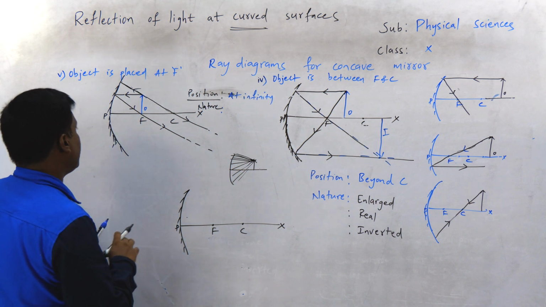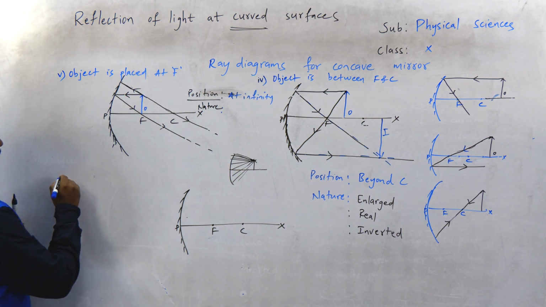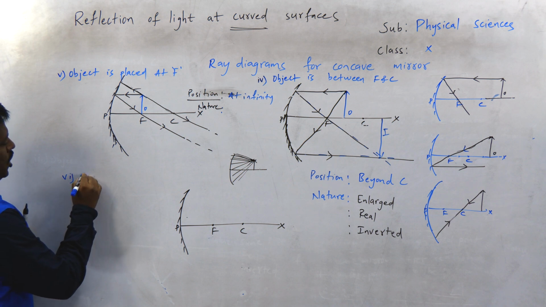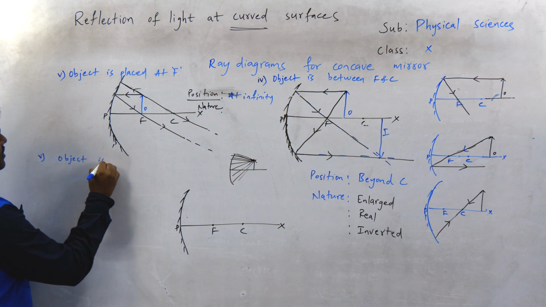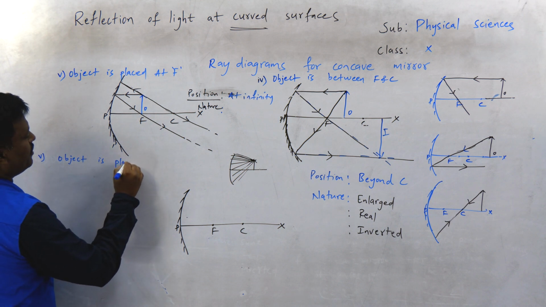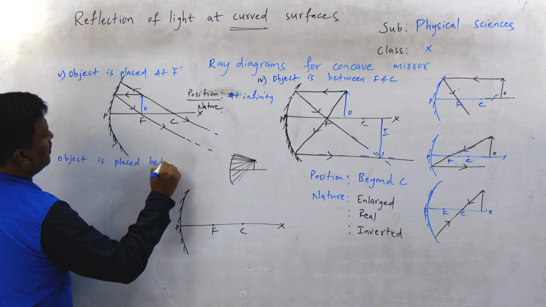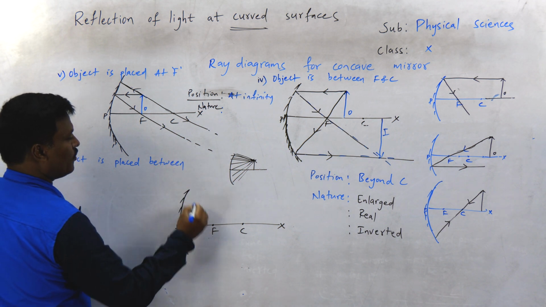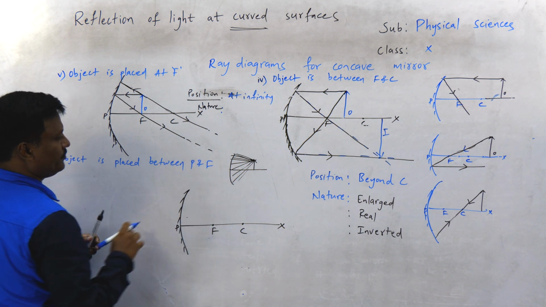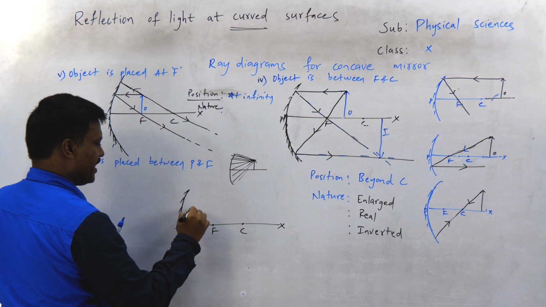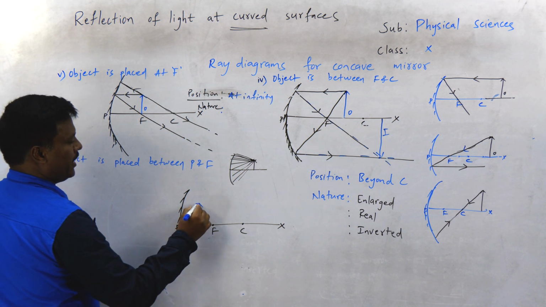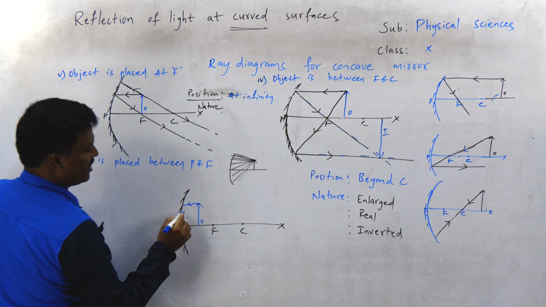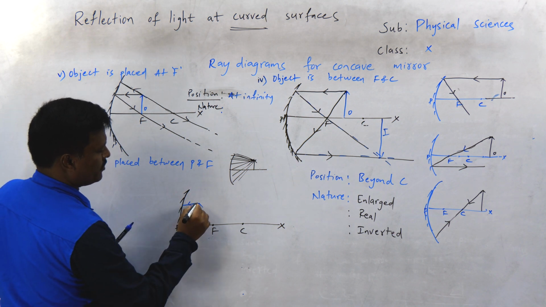Okay, and the last ray diagram we are going to talk about. Now the object is placed between pole and focus, P and F. When the object is placed between pole and focus, you see a ray passes parallel to the principal axis, after reflection passes through focus.